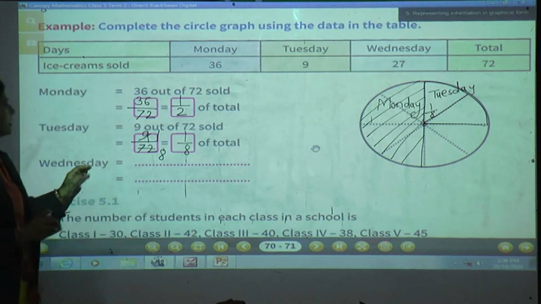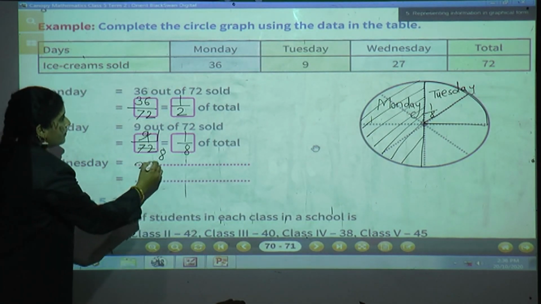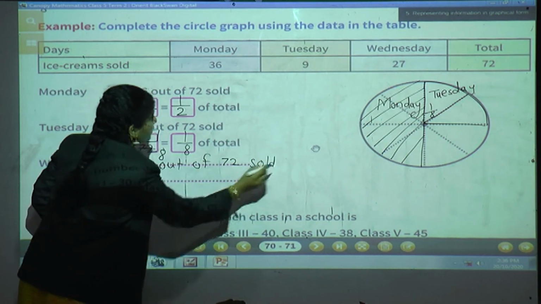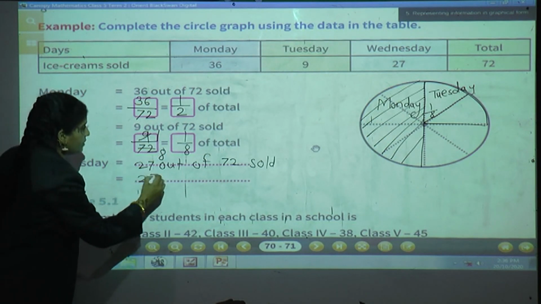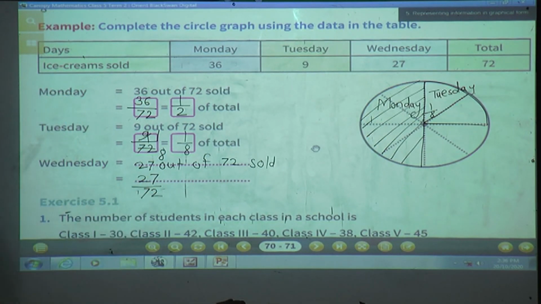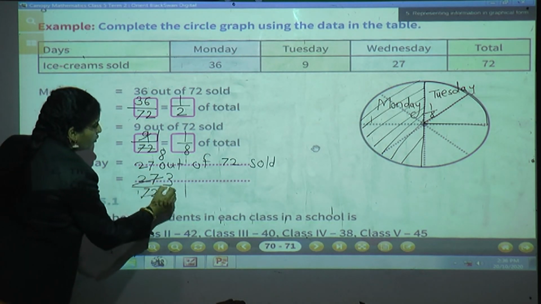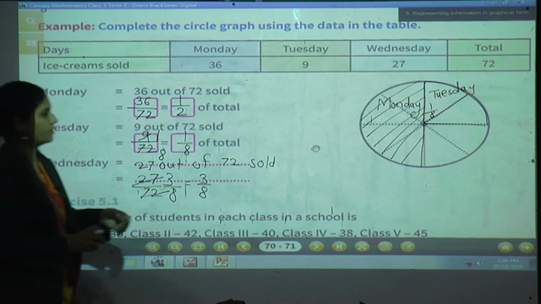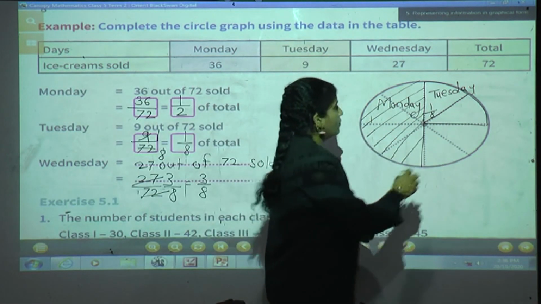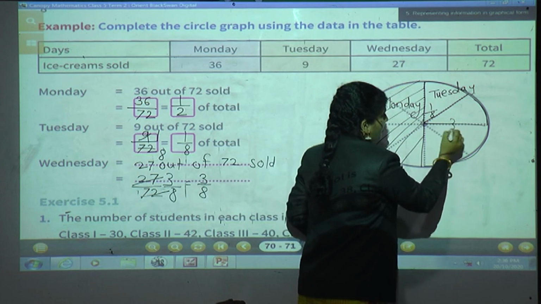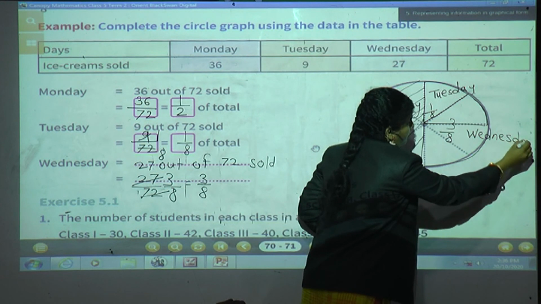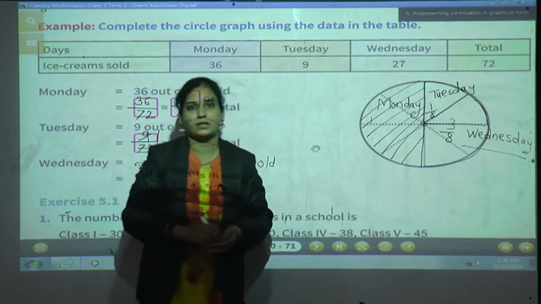Okay, and for Wednesday, 27 out of 72. So now 27 divided by 72. So do the division students. Here, 3 upon 8. Okay, so the remaining part is Wednesday, that means 3 upon 8 is Wednesday. So this one is a circle graph.